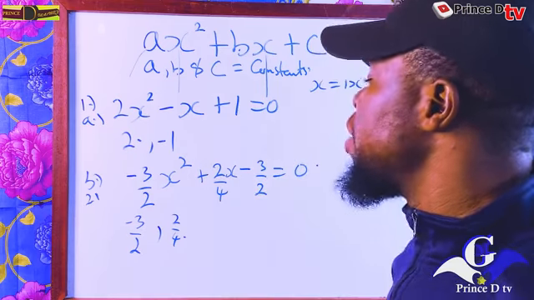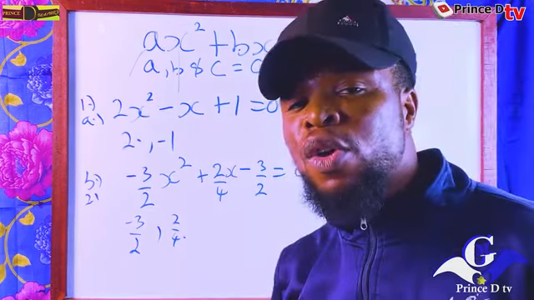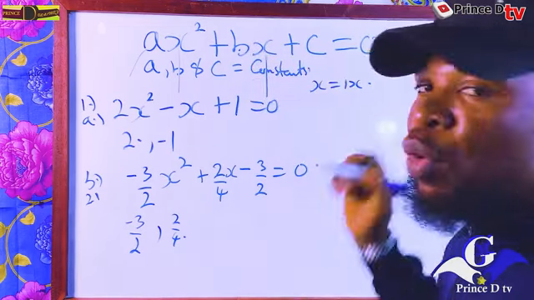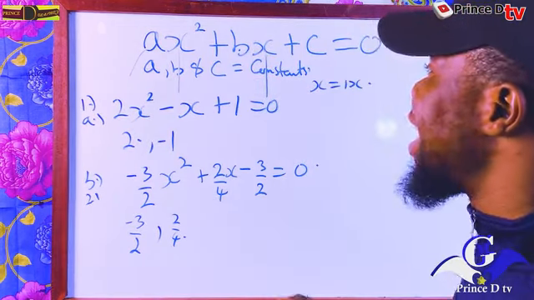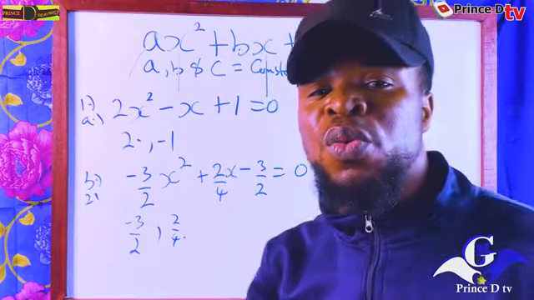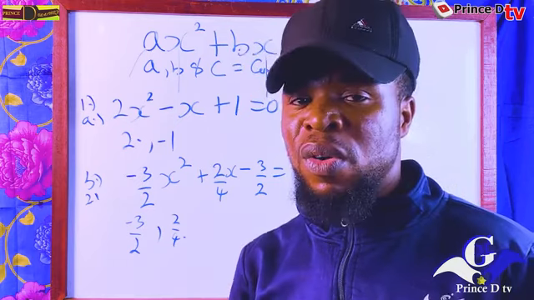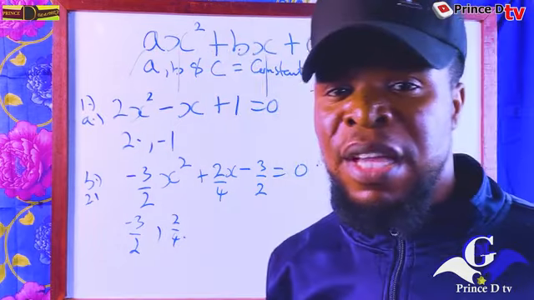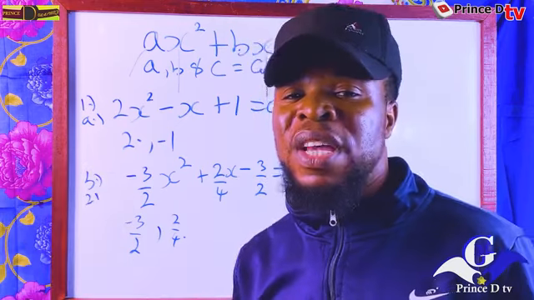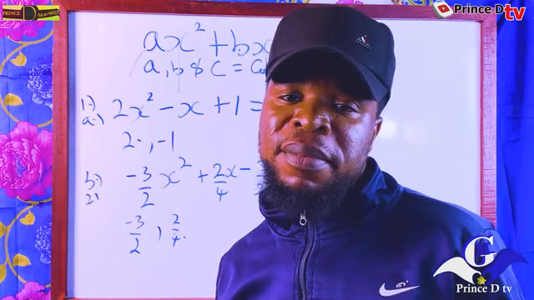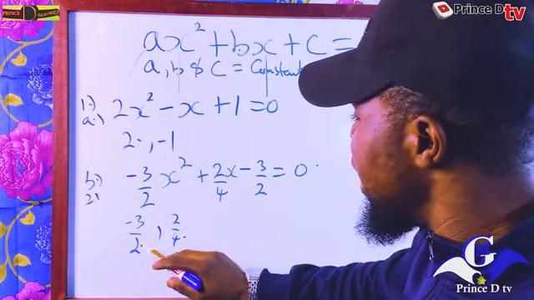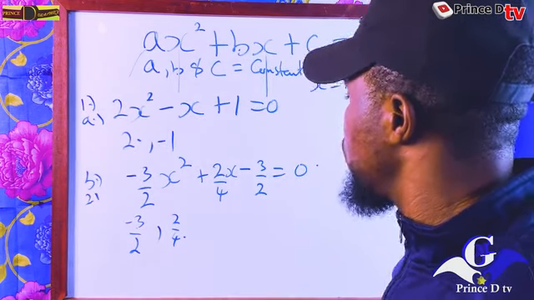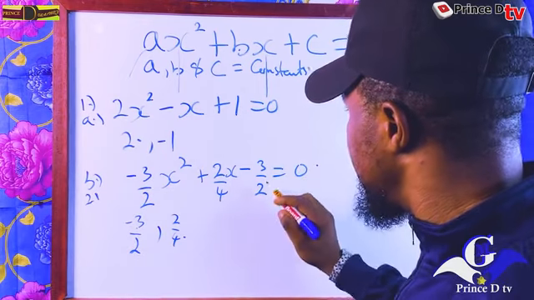Remember, our constant is c. So in other words, we have ax squared plus bx plus c equals 0. Now, can you identify a? That is exactly what we have been doing all this while, to identify the constants a, b, and c, because those are what you are going to substitute in your quadratic formula. So our a here is -3 over 2. Our b is 2 over 4. And of course, our c is -3 over 2.